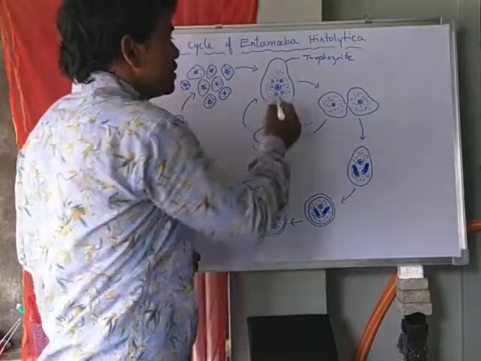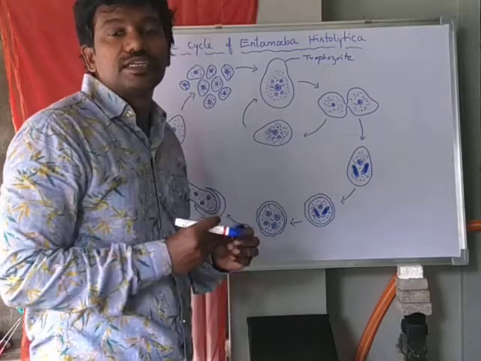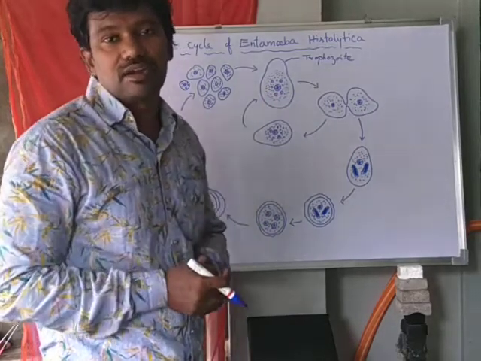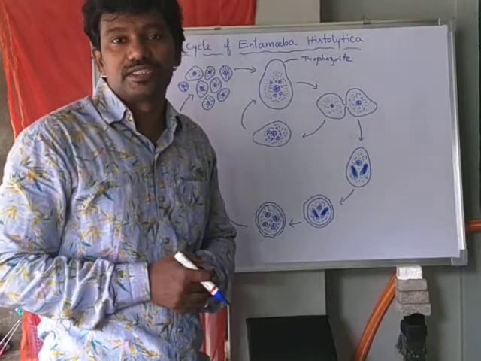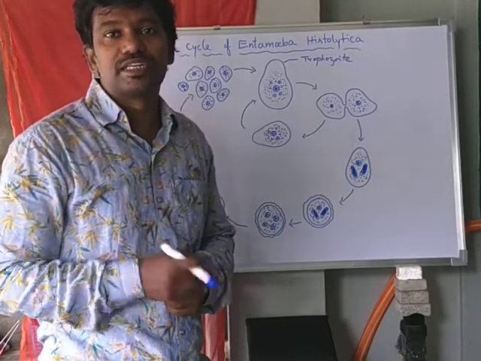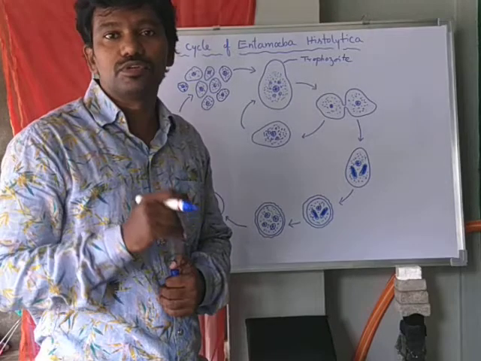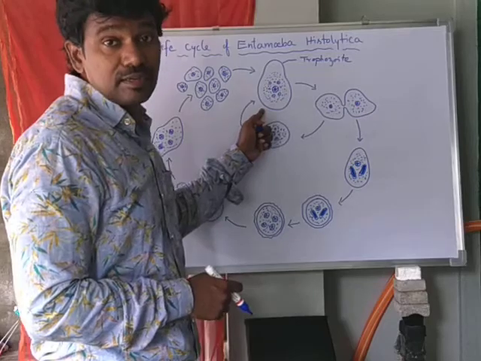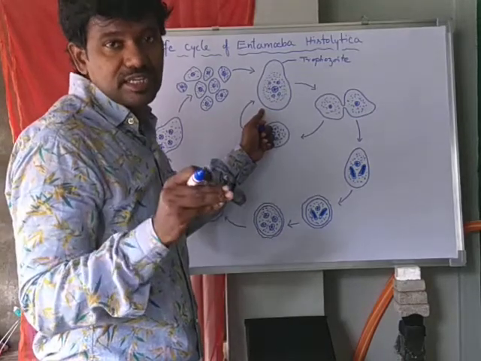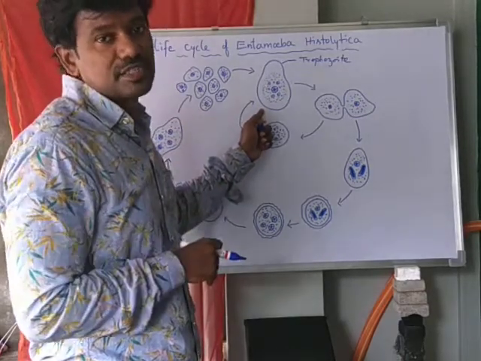The trophozoite generally lives in the large intestine of man. We already know that Entamoeba histolytica is a monogenetic parasite, that means it completes its life cycle in one host, that is man. So the trophozoite lives in the wall of the large intestine of man.